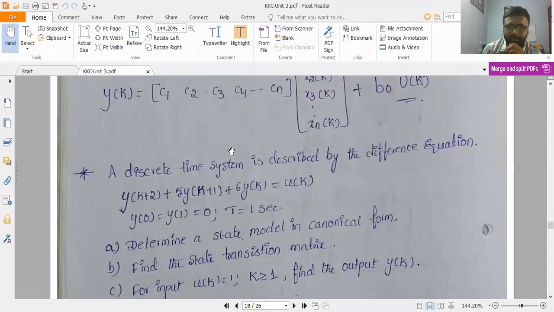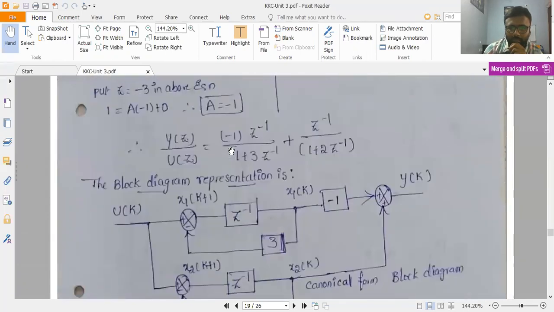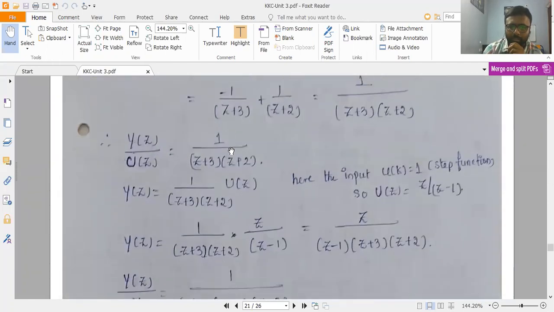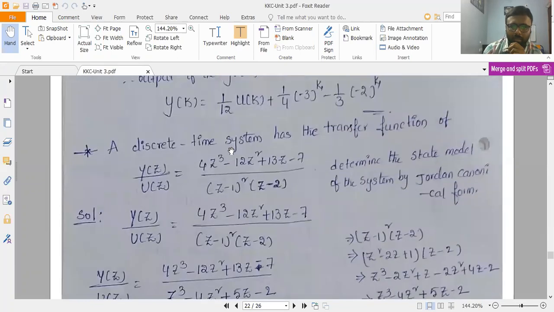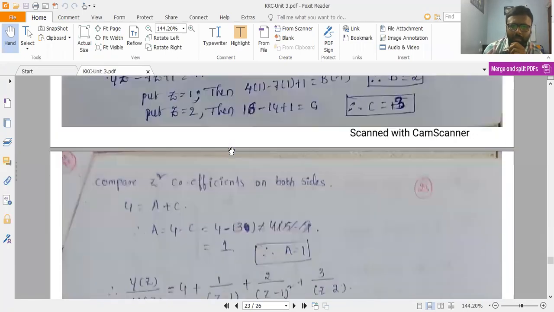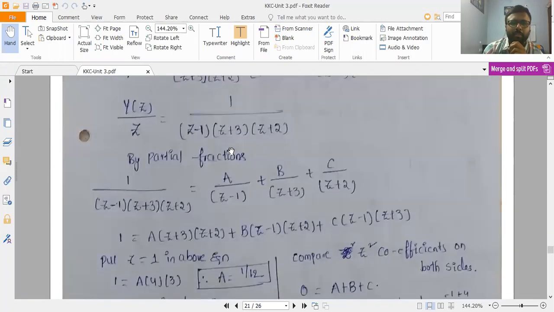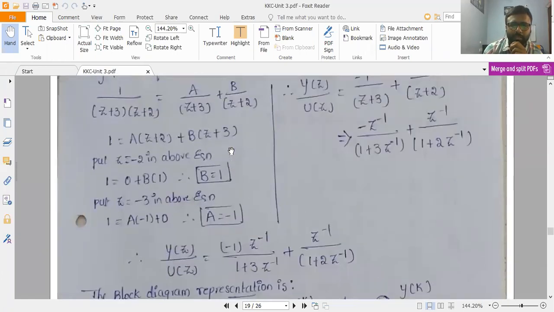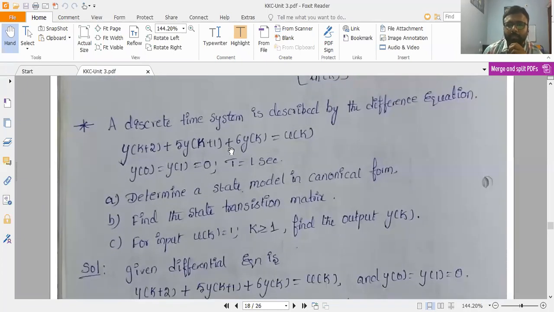Based upon this we are going to solve one problem. So try to observe that one. This is the statement of the problem.